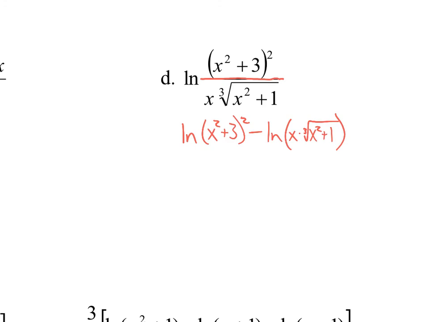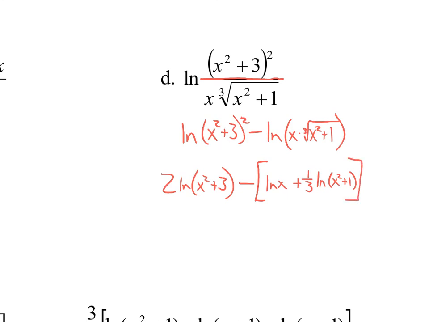Okay, so can we do anything with the first one? You can put a 2. Yeah, bring the 2 out in front. Okay, what about that second one? ln x plus ln of the cube root of x squared plus 1.